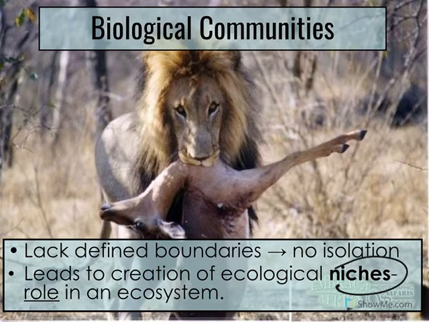And basically the niche that they have is essentially their job, and that is what keeps them surviving in the environment, because they have a specific role to play in a system.